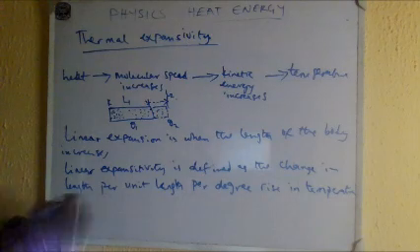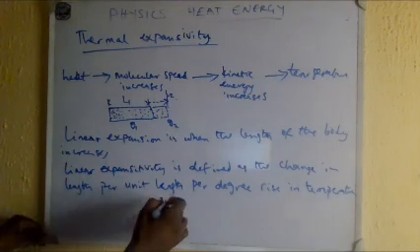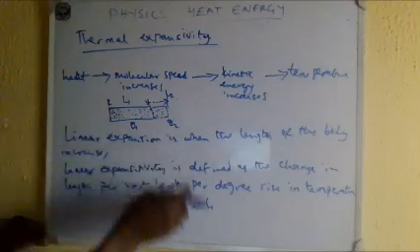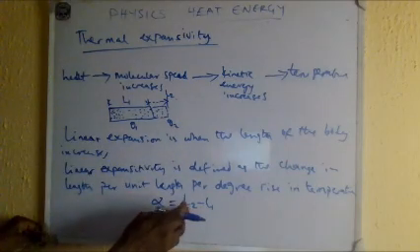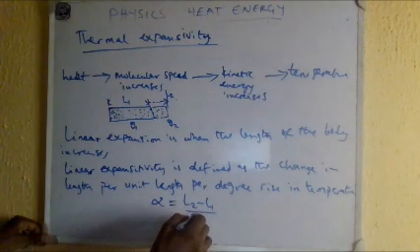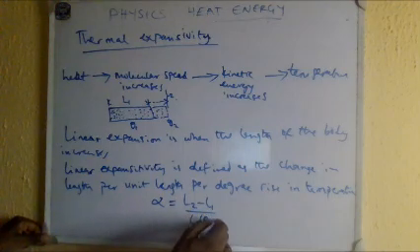So therefore, linear expansivity is denoted by this symbol. It is defined as the increase in length, L2 minus L1, that is final length minus initial length, per initial length and per degree rise in temperature.